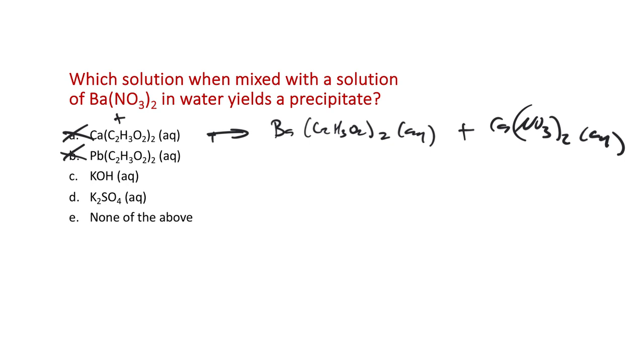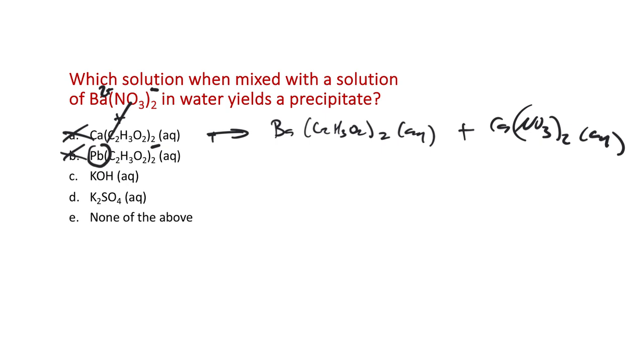So it's like I'm looking at this ion and this ion, I'm looking at my barium and I'm trying to think, does the Ba mixed with the other anion become insoluble? Or does this ion mixed with the nitrate become water soluble? Lead nitrate's water soluble, barium acetate's water soluble, so B doesn't work.